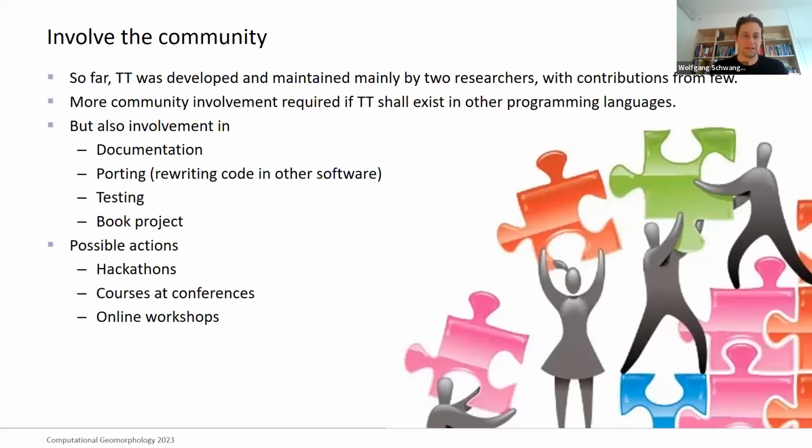Another involvement is possible, for example, in documentation, perhaps in porting, which requires some experience in programming, but rewriting code in other software is not so terribly difficult. Testing, or perhaps we are considering whether a book project would be a nice community effort for the future. And possible actions to attain that: we are planning a hackathon in the near future, courses at conferences, and perhaps also online workshops.